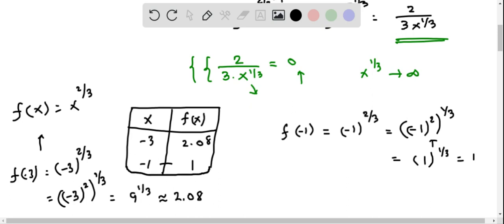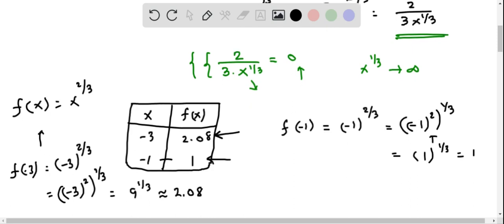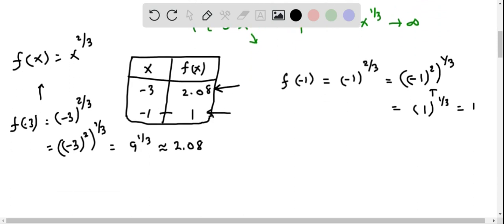And clearly we can see that this is the lowest value in this interval, and this is the maximum value. Since we don't have any critical number, these two values are the extrema. This is the absolute minimum, and this is the absolute maximum.